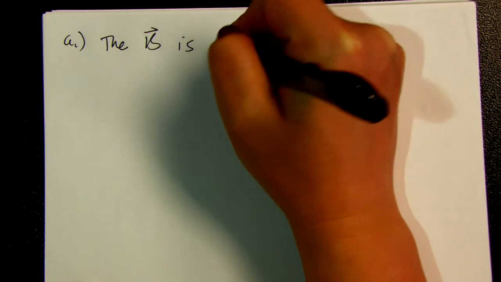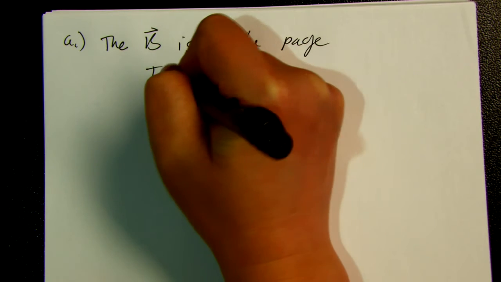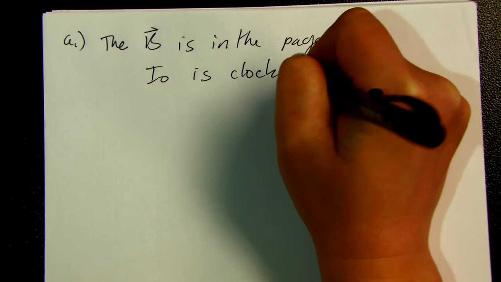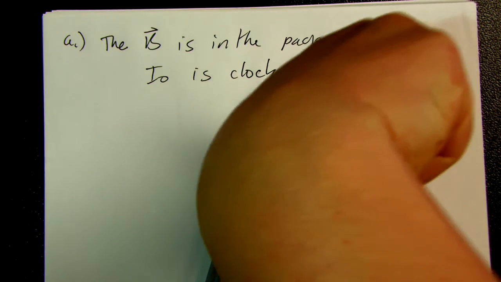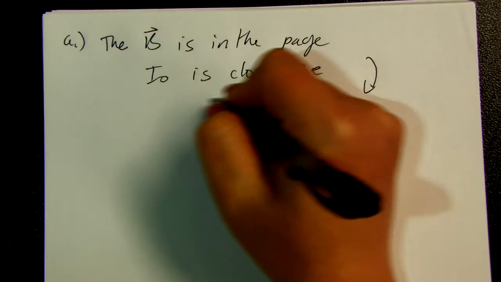All right, so in thinking about the direction, we know that the magnetic field is into the page. We know this because I naught is clockwise. So using the right-hand rule, turn into the page, clockwise, so that would be this way.